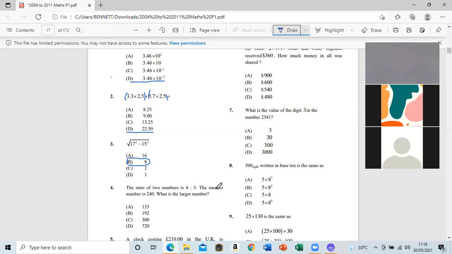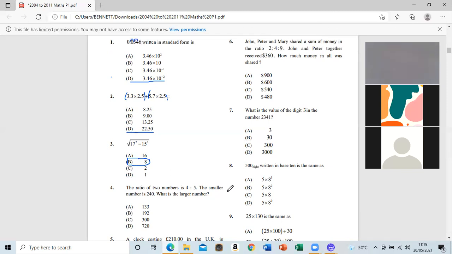All right, the ratio of 2 numbers is 4 to 5. The smallest share is 240. What will be the larger share? Ratio, guys. It's as if they are saying you work out this 4x. We're going to work out what is 1 share.